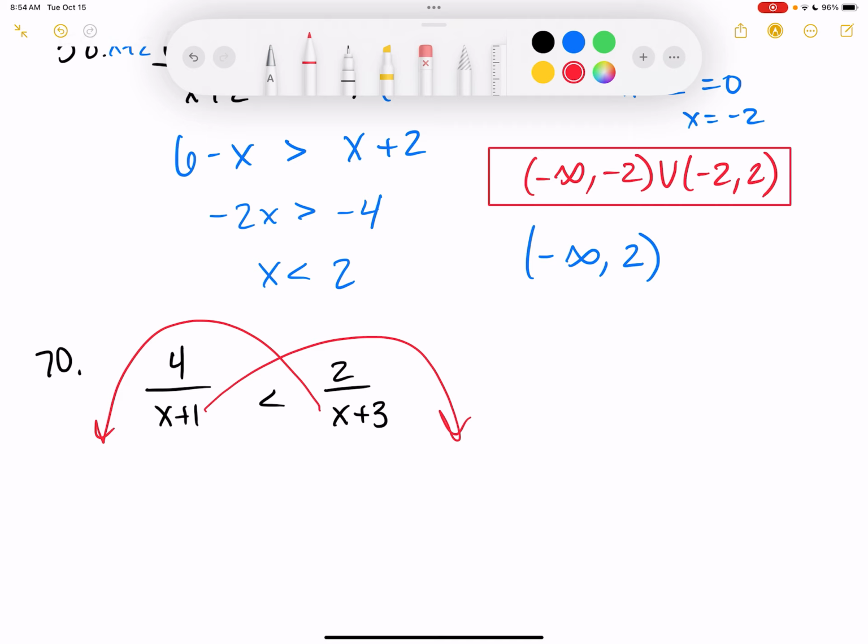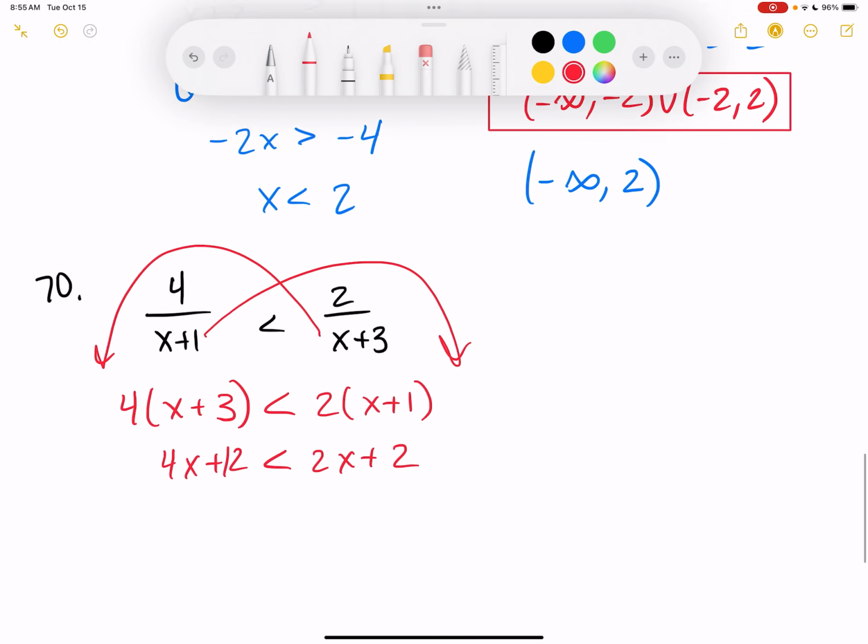the fractions. So on this side, I'm going to have 4 times x plus 3 less than, over here, 2 times x plus 1. So 4x plus 12 is less than 2x plus 2.